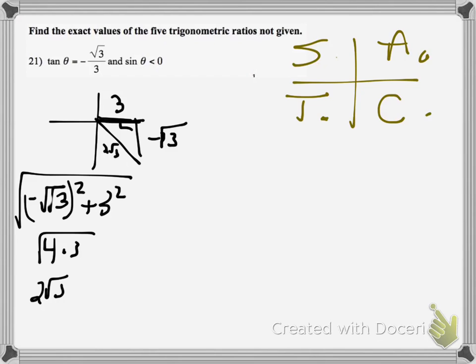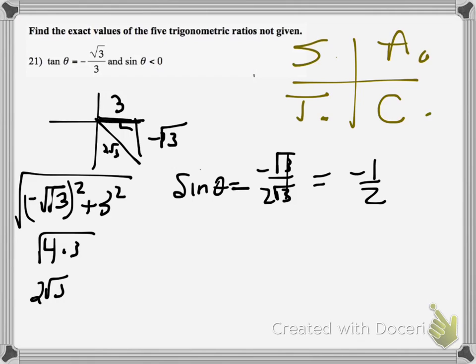All right. So we have tangent. We need sine of theta. And sine of theta is going to be the opposite over the hypotenuse, right? Those radical 3's will just cancel, so you have a negative 1/2.